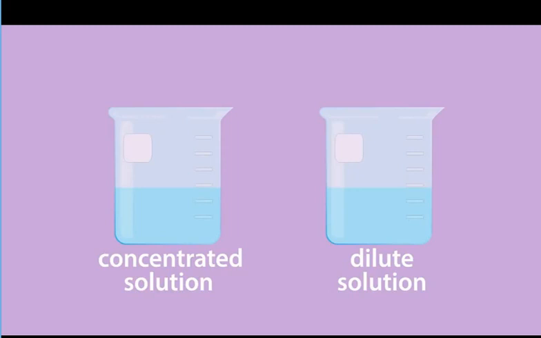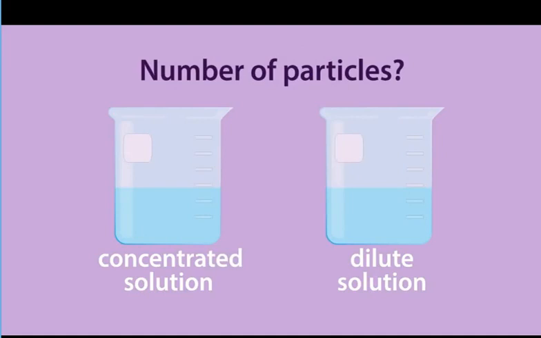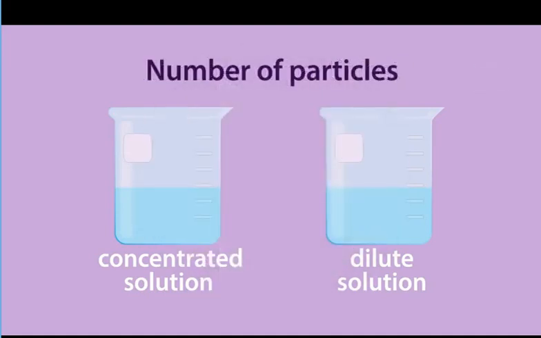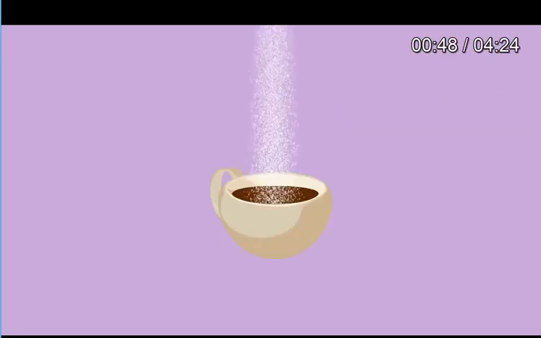But if you put 6 spoons of sugar in your tea, you will find that it's going to be sweeter than the tea where you only put maybe 1 spoon of sugar. This is based on what? The number of particles of sugar that you have placed in your cup of tea.